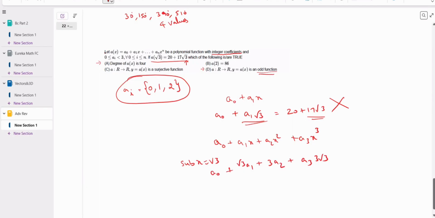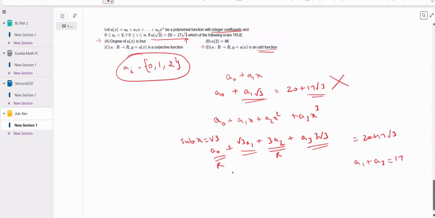Then these two will be rational terms, because a naught and a2 will be integers, and these two will be the irrational terms. And I have to compare that to 17 root 3. So that tells you indirectly that a1 plus 3 a3 has to be equal to 17. But is that possible? Because a_i values can be maximum only 2. It's not possible again.